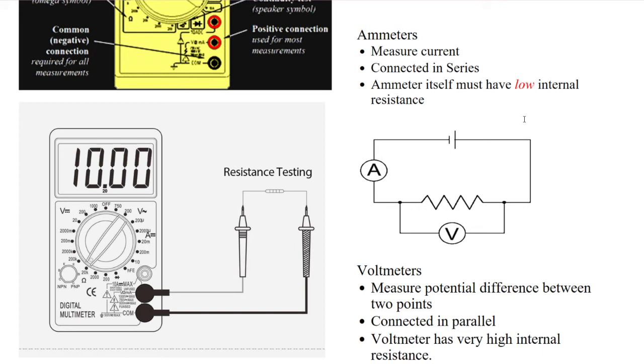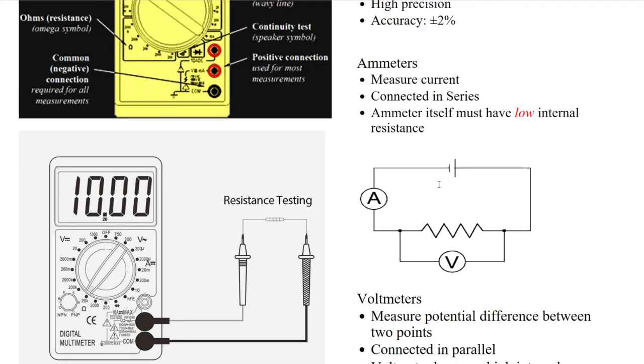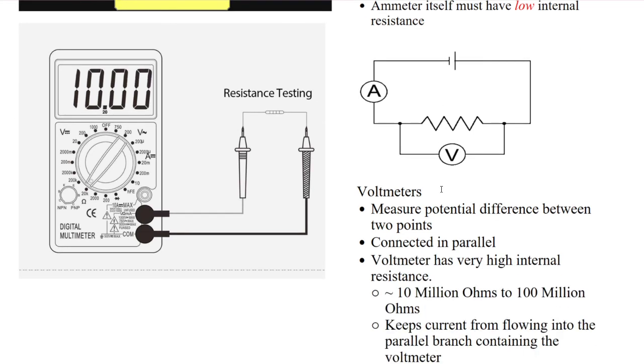If you think about this conceptually, this makes sense, right? Because resistance is an impedance to the flow of current. So if the ammeter had very high resistance, it would disrupt the flow of current around the circuit, and you could not get an accurate reading. Voltmeters on the other hand, remember what a voltmeter is.